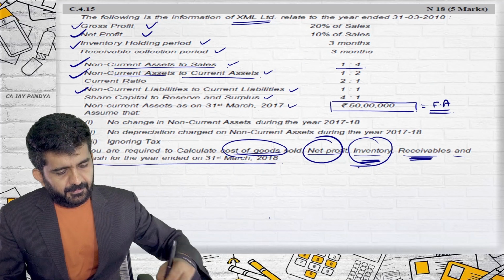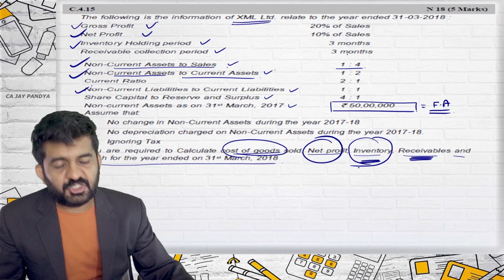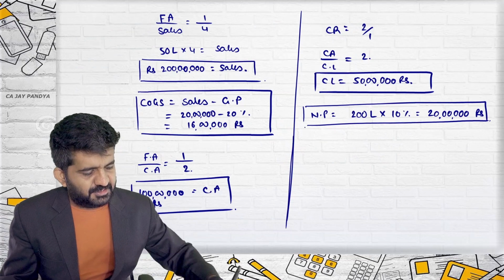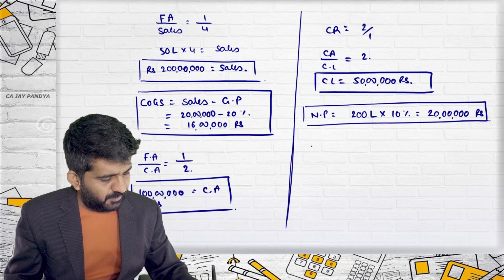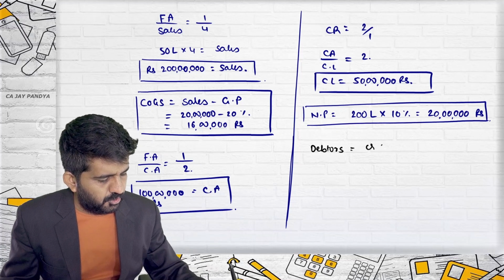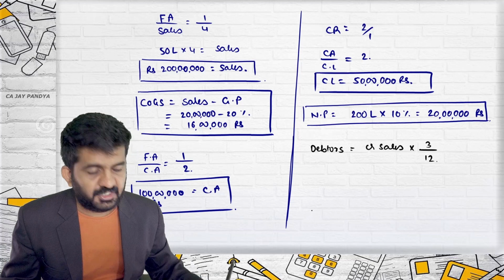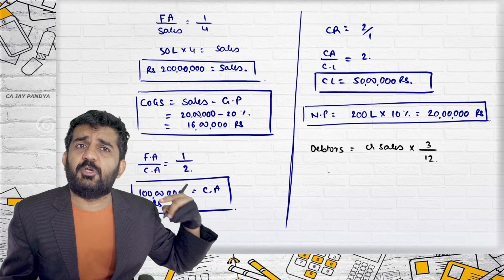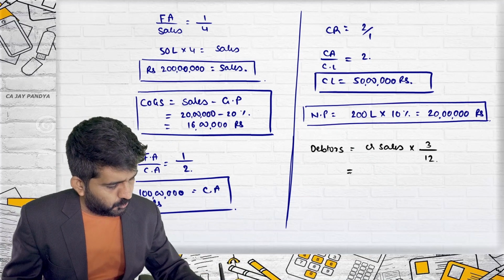Receivables. Receivable collection period is 3 months. See, debtors collection period is 3 months. I find out by my normal technique. Debtors is equal to credit sales into 3 divided by 12. This we have learned more in accountancy, but you can do it by debtors turnover ratio also.